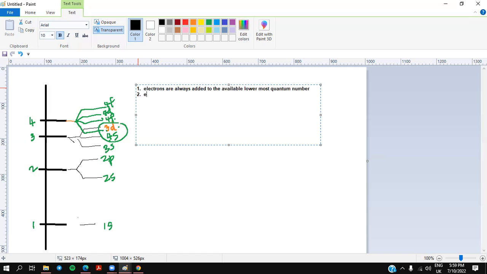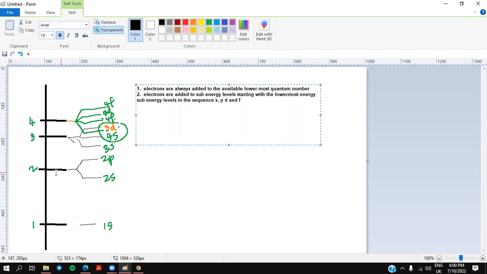Second one. Electrons are added to sub-energy levels, starting with the lowermost energy sub-energy levels, in the sequence S, P, D, and F. You get that point?